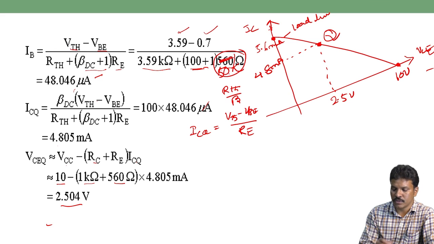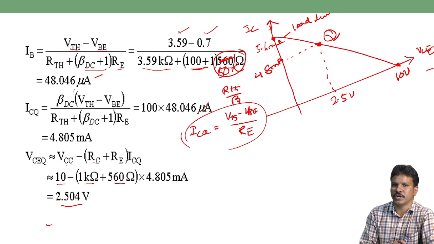So you will get it independent of beta. The Q point won't change.